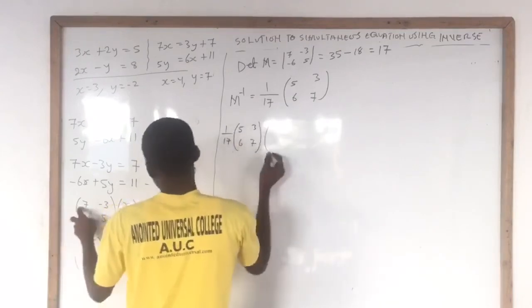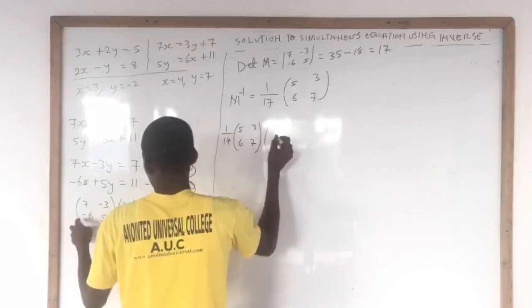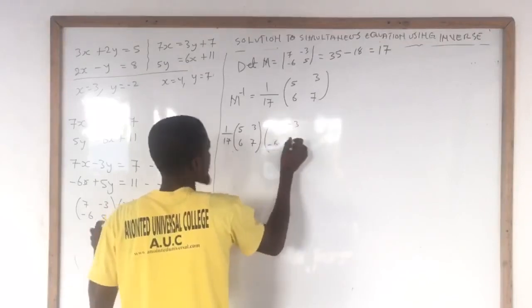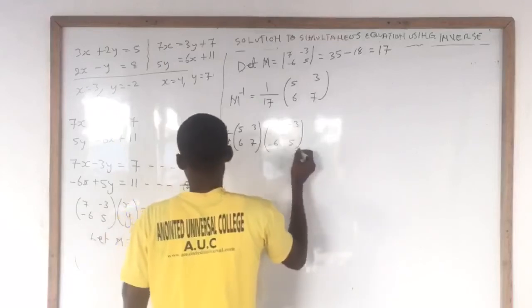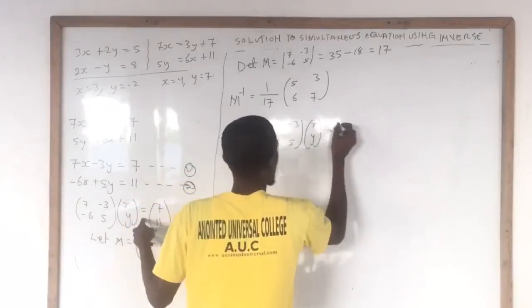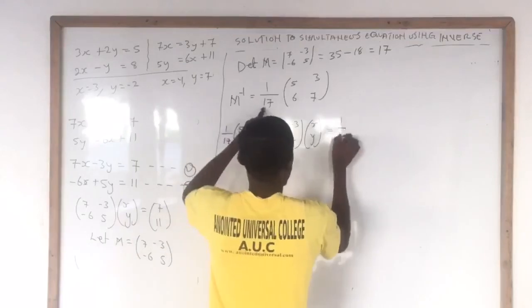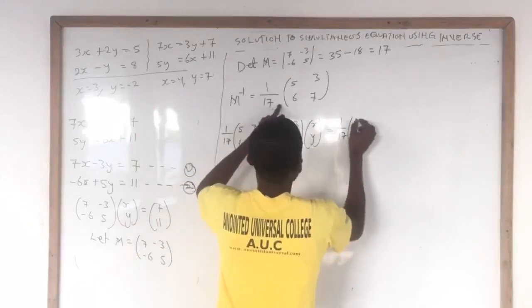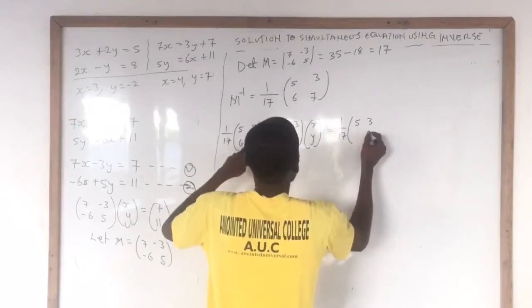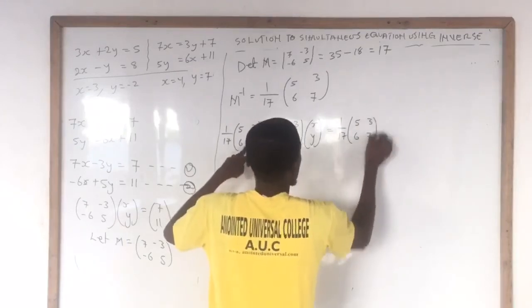So multiplying this side of the equation, that is 7, next 3, next 6, 5, and then xy. Multiplying this side too, we have 1 on 17, we have 5, 3, 6, 7.